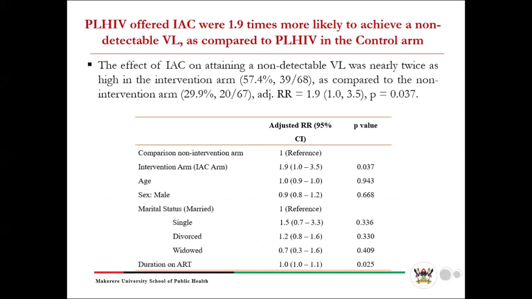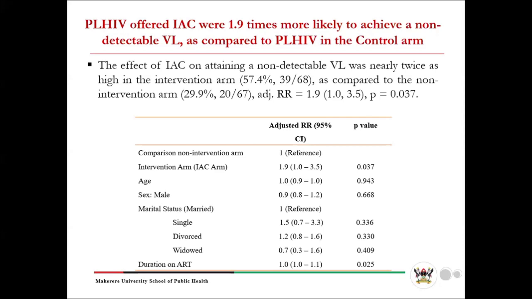And the effect of intensive adherence counseling on attaining a non-detectable viral load was nearly twice as high in the intervention group as compared to the control group. 57.4% of the people in the intervention group achieved a non-detectable viral load, as compared to 29.9%, which was almost twice.